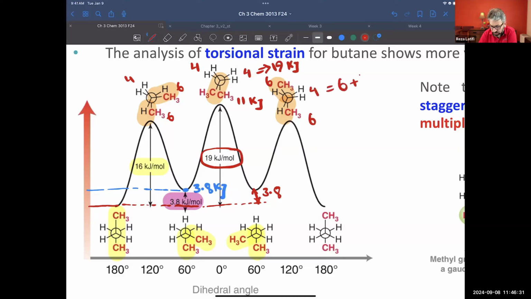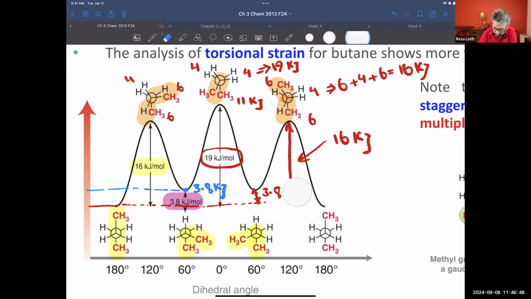So 6 plus 4 plus 6, that's going to be 16 kilojoule. So expect this barrier to be 16 kilojoule, which is the same as the starting one. I should continue this one until here. That one is going to be 16 kilojoule.